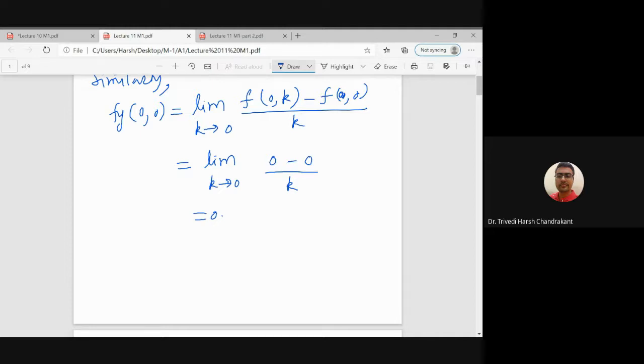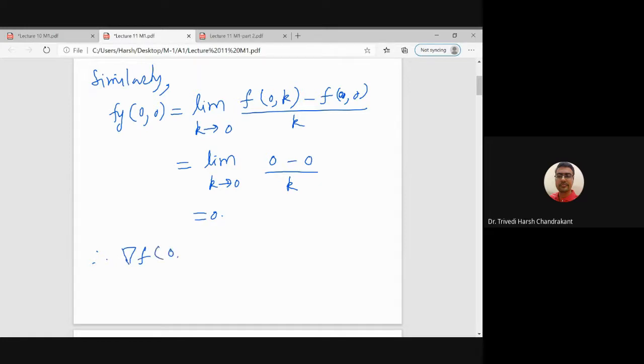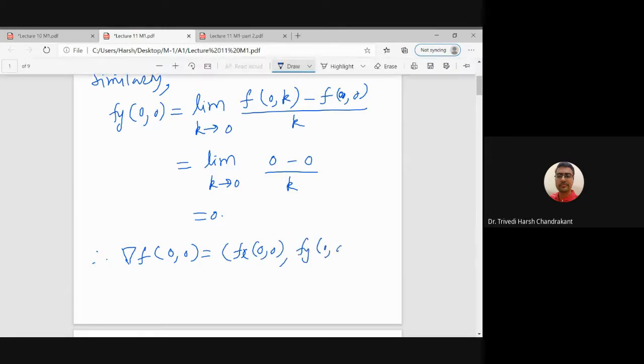Let me just write down the gradient. The gradient of f at (0,0) is nothing but (fx at origin, fy at origin). The value of fx at origin is 0, and the value of fy at origin is also 0.